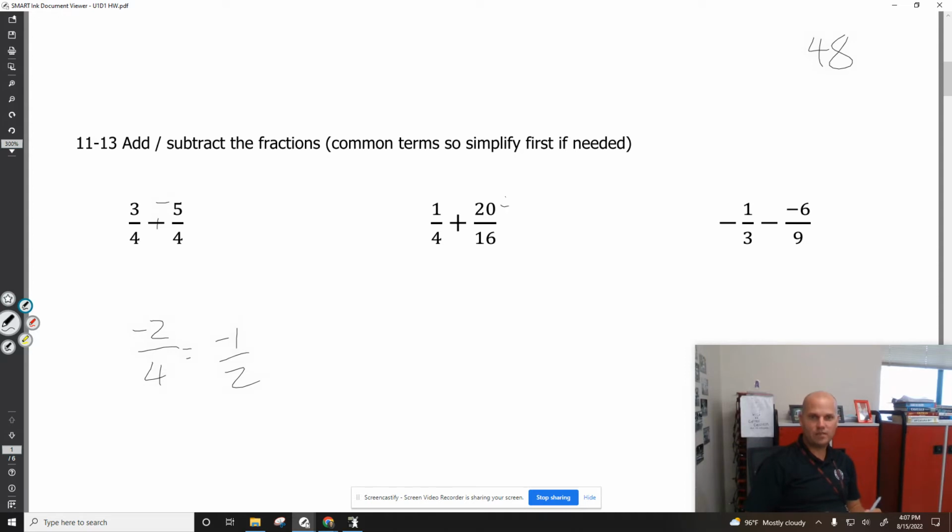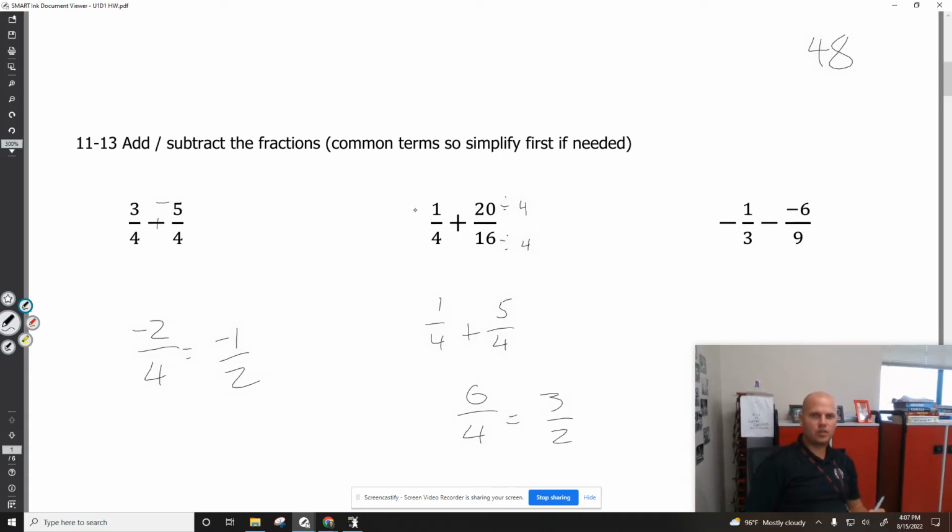Well, if you have 20 of these 16ths, it's the same as having 5/4. Well, I have 1/4 and 5/4. So I have 1/4 of a pizza. I have 5/4 of a pizza. That's more than one. I have 6/4 of a pizza, which is the same as 1.5 or 3/2.